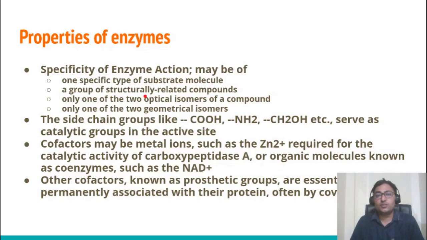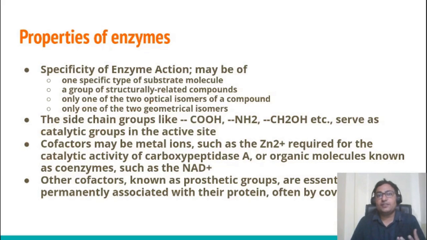For example, hexokinase is an enzyme which can recognize all hexose sugars including glucose, galactose, etc. Whereas some enzymes have optical specificity.